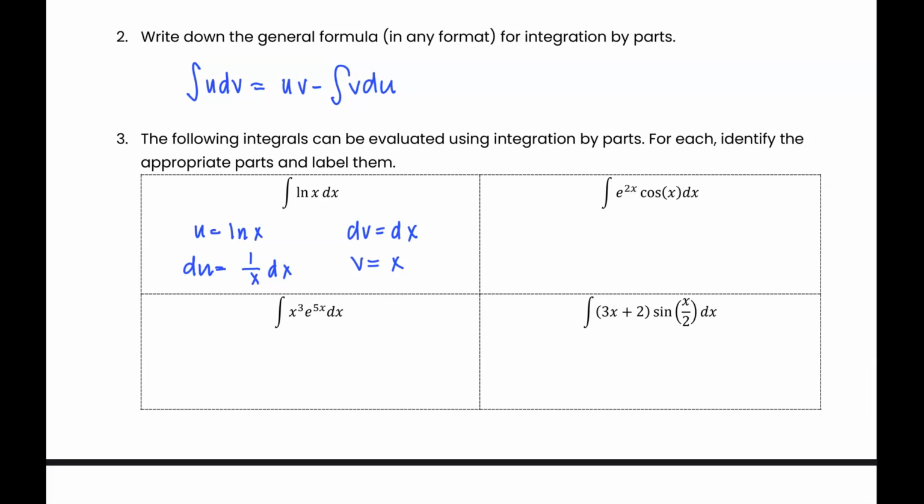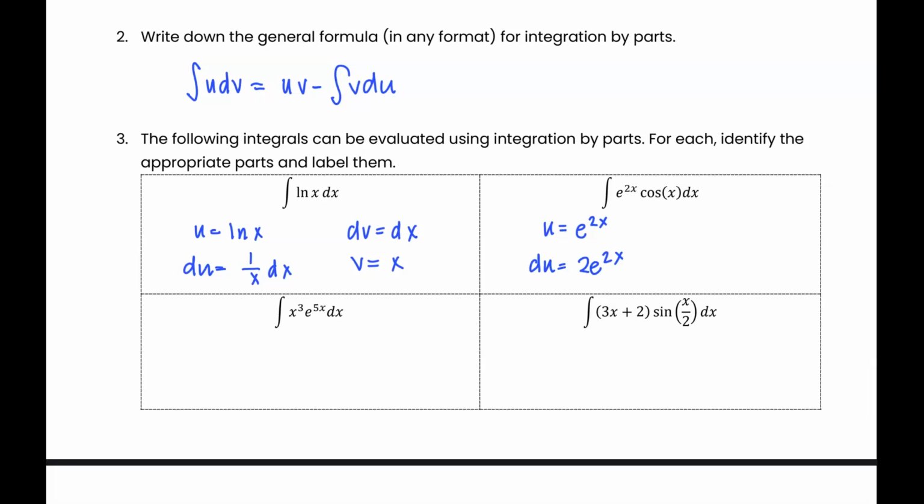All right, then we have the lovely one that you have to circle back on, like a snake eating its own tail, to solve. This one, honestly, either choice is going to be perfectly fine. In these questions, if there's only one, I like to set as my u whichever function has a constant multiple of the actual argument, because I like when I take my du to end up with nice, beautiful whole numbers, because we're using the chain rule instead of doing u sub.